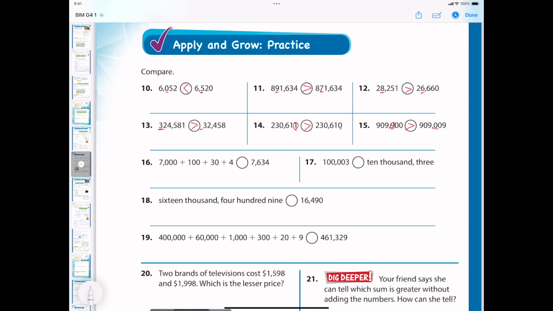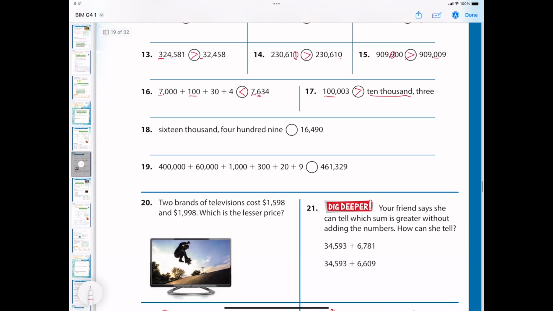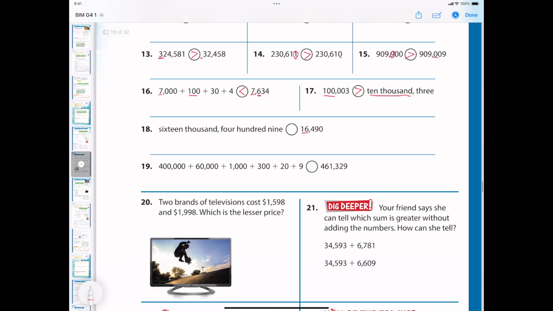Okay, now I'm going to try to add all together, or you can just compare thousands place equal, but then 100 place is different. Okay, so 600 is greater than 100. All right, so now 10,000 compared to 100,000. Are you kidding me? This is too easy, right? All right, number 18. 16,000. Okay, 16,000.